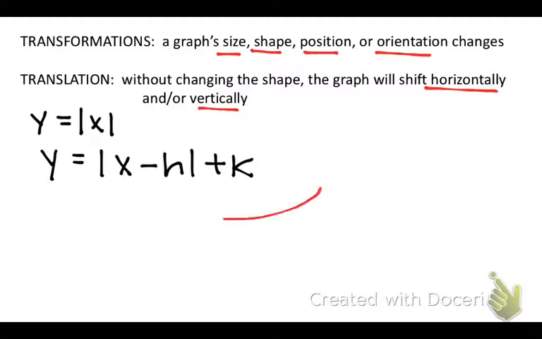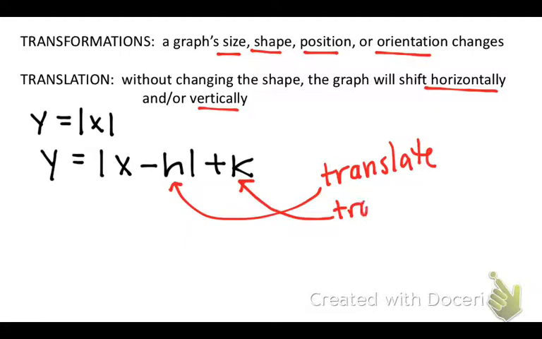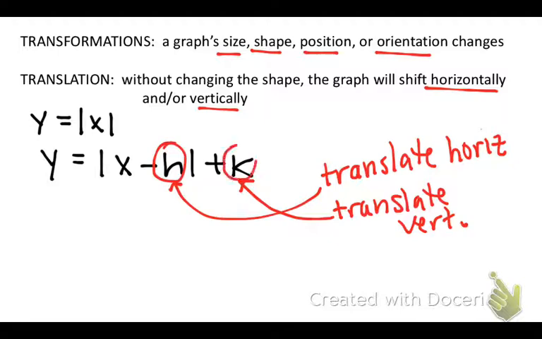The h is going to translate the graph horizontally, and the k is going to translate it vertically. So the vertex here is going to be (h, k). And remember that the vertex is the highest or lowest point.